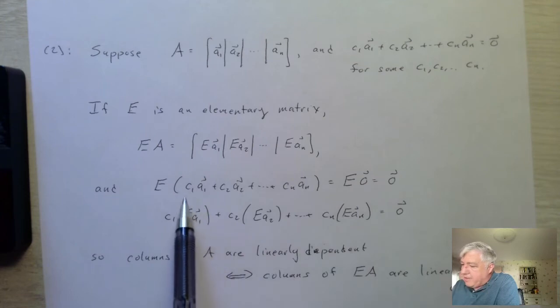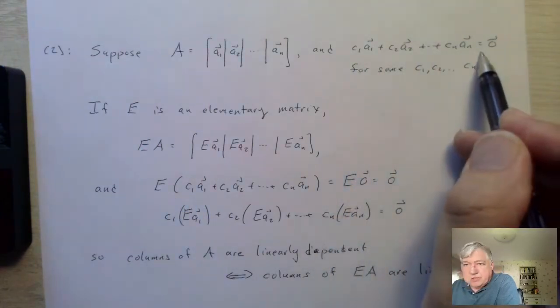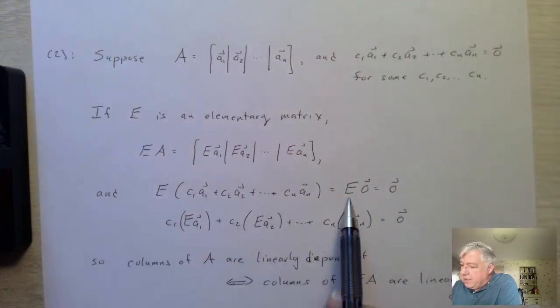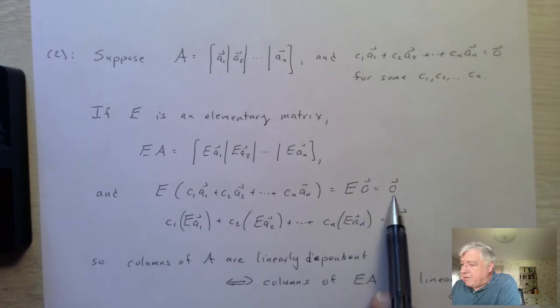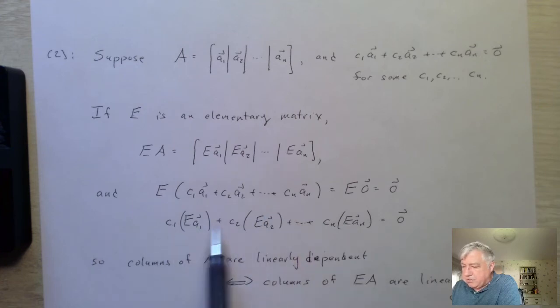If we take the original dependence relation and multiply everything on the left by E, we get E0, which is 0. And because the c's are just real numbers, scalars, we can pull them out and break this up.